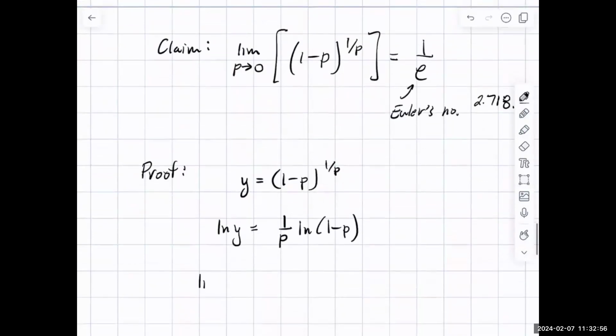So then in the limit that p goes to 0, the ln of y is approximately, what's an approximation for ln of 1 minus a small number? Well, the zeroth order approximation, you're right: if I just ignore the p, I'd have ln of 1, and that would be 0. And that's correct. What if I wanted a slightly better approximation? The ln of 1 minus p when p is small. What's that?